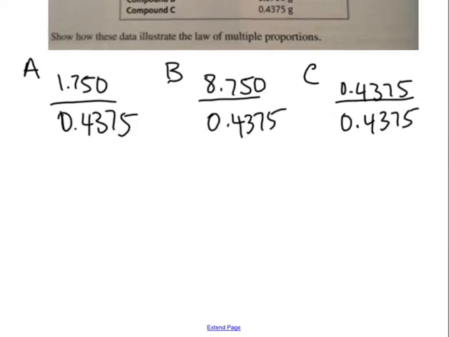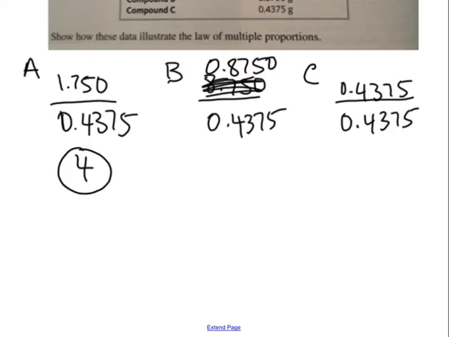All right, so we're going to take all of those and do the division. And when you do that, you get a 4 here, and you get a 2 there, and you get a 1 there. Right? So what is that telling us?